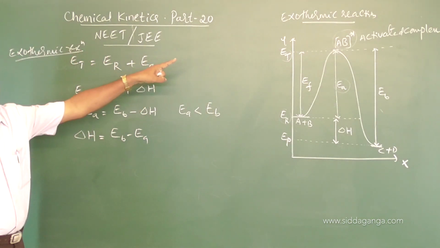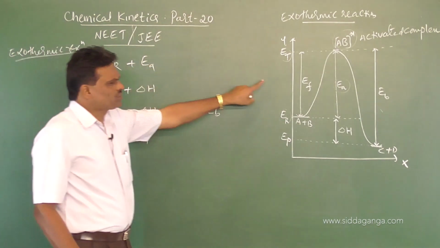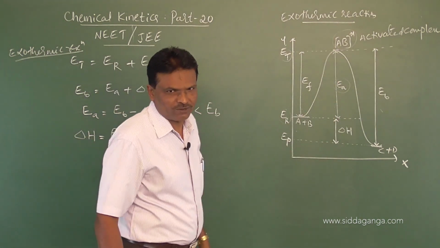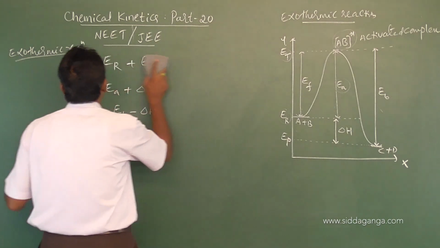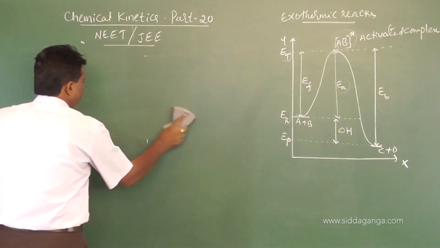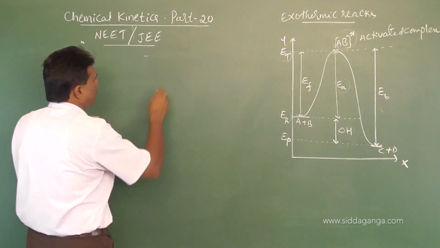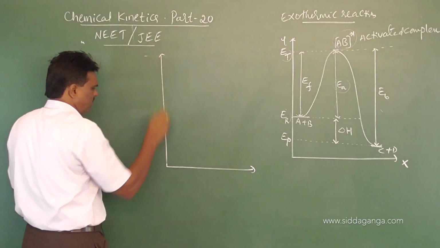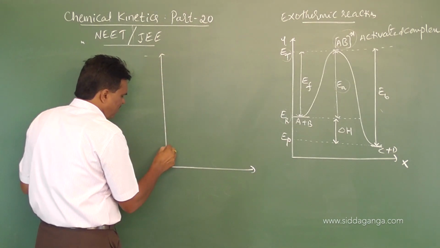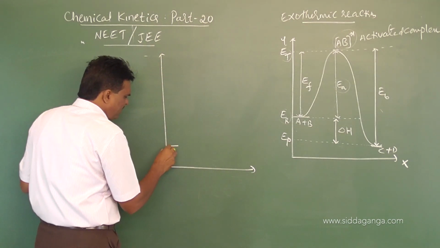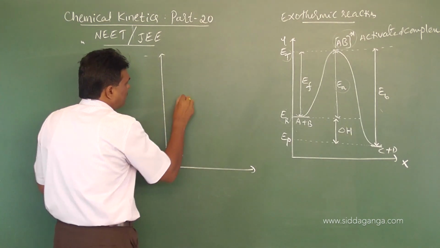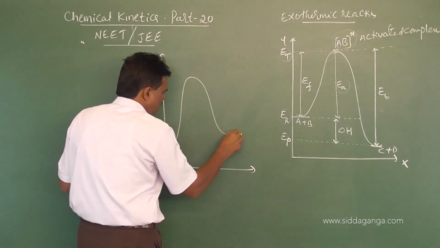So for exothermic reactions, that is the potential energy diagram for the progress of reaction. Similarly, in case of endothermic reactions, look here. These are the reactants, A plus B, and the activated complex forming the products.